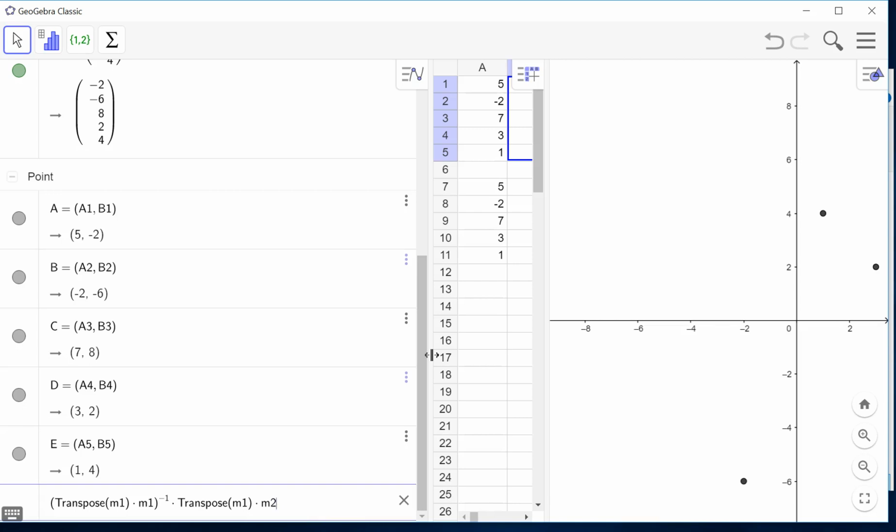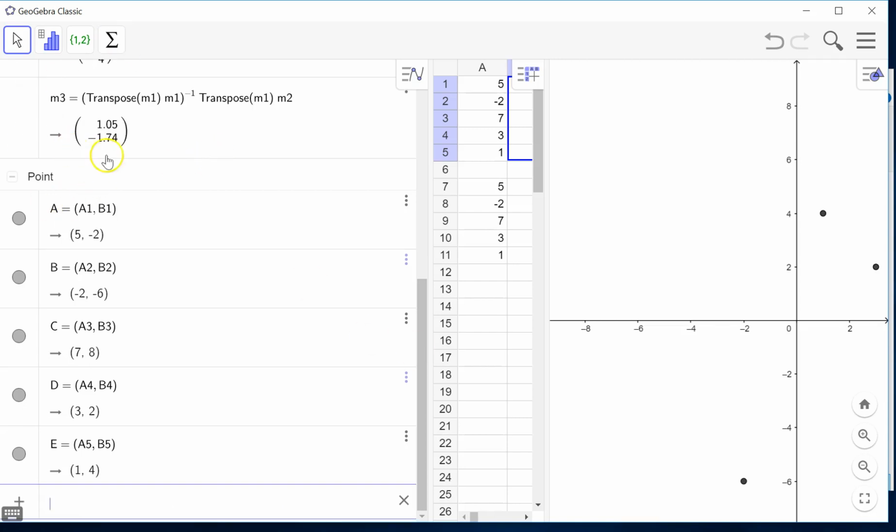All right, so here's our answer in M3. So this is our A, this is our B, right? So this is the coefficient on my X, this is my constant.